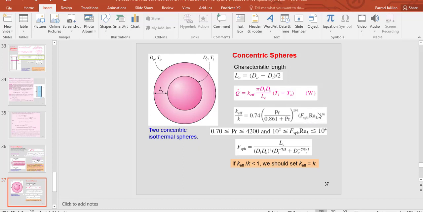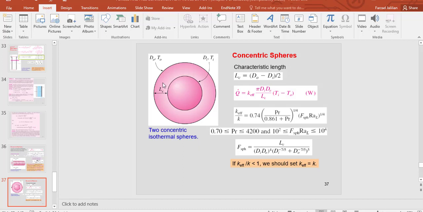And the Rayleigh number. To find this Rayleigh number, also you need that thermal conductivity, Prandtl number, and also these characteristic lengths. Characteristic length for this case, as you can also see here, is dO minus di divided by 2.